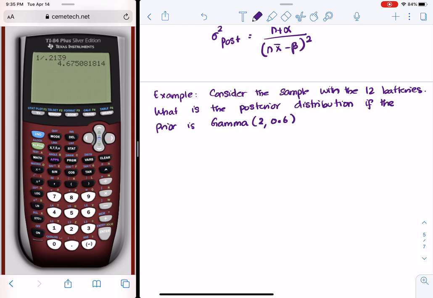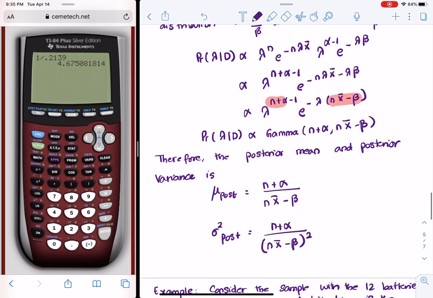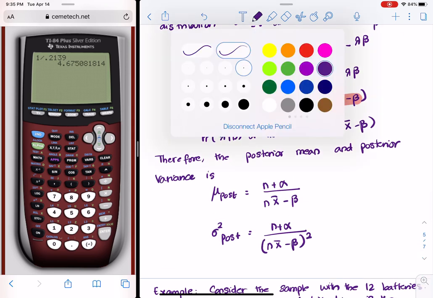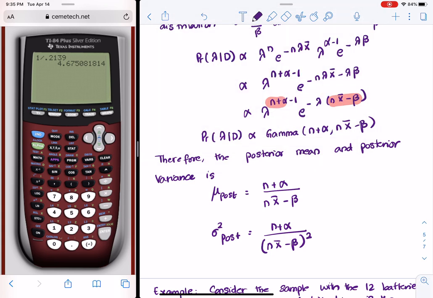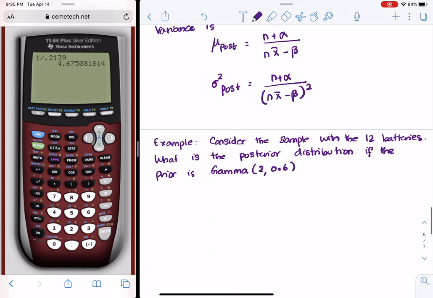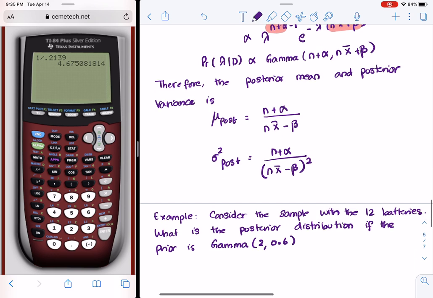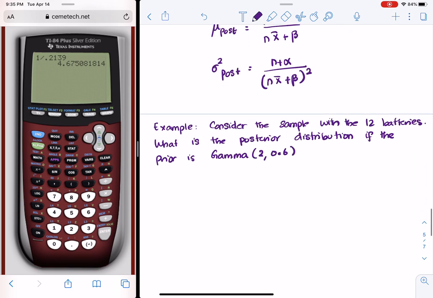so what is the posterior distribution if the... I've made a notational error here, or algebraic error, it's plus, and plus. So what is the posterior distribution if the prior is gamma 2, 0.6?